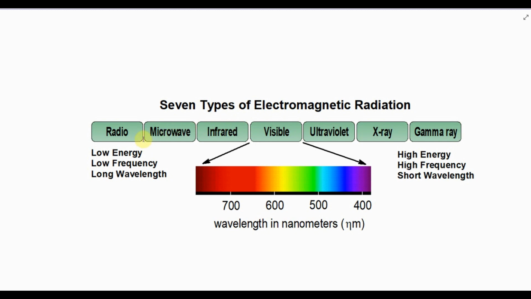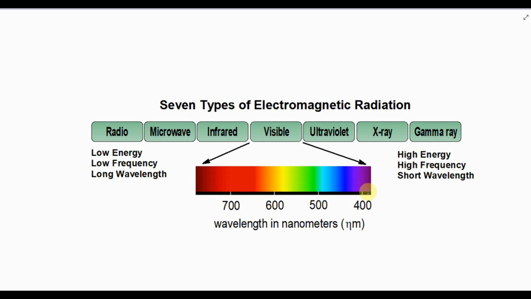We have radio waves, then microwaves, infrared, visible, ultraviolet radiation, X-ray radiation, and gamma ray radiation. And the visible spectrum is what we can see with our eyes. That ranges from about 750 nanometers in the area of red light, moving towards about 400 nanometers: red, orange, yellow, green, blue, indigo, and violet.